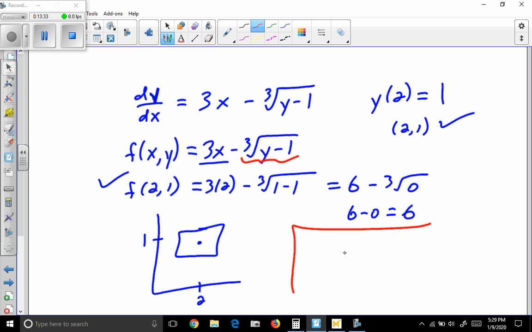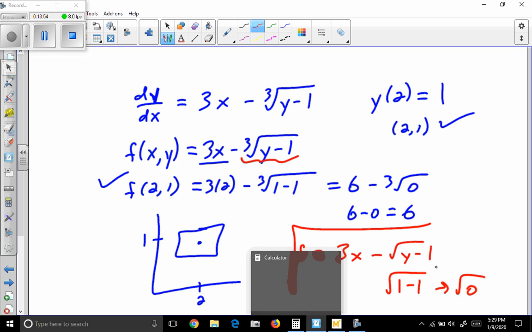But if that was a square root instead of a cube root, then notice a y value of 1 would give us a square root of 0, which is on the boundary of that range. There are no y values smaller than 1 for which that's defined. So that point would not be on the interior.